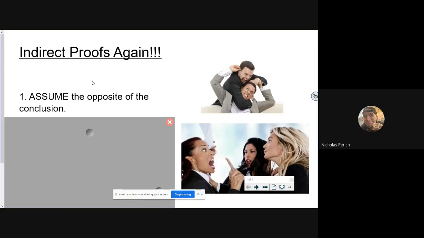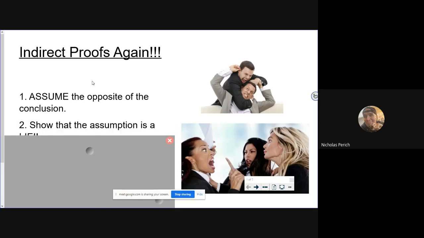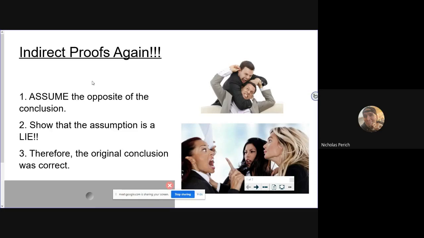Step two is show that that assumption is a lie. So your friend says, Stewart's carpet is not blue. And you're like, oh, yeah? So it's a lie. And since it's a lie, then the original conclusion was correct.